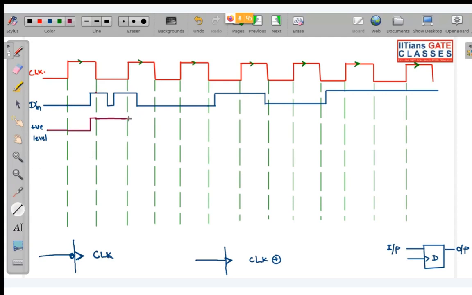So immediately at this positive level, you can see input is changing at this point. So output will change. Now in the next positive level, you can see this is 0. So this will continue. Again, you can see in this negative level, our input is changing. But this is a positive level triggered flip-flop. So it will maintain its state that has been over here.